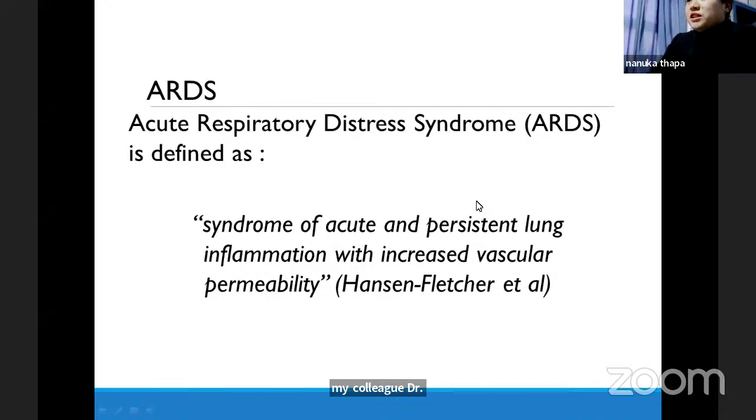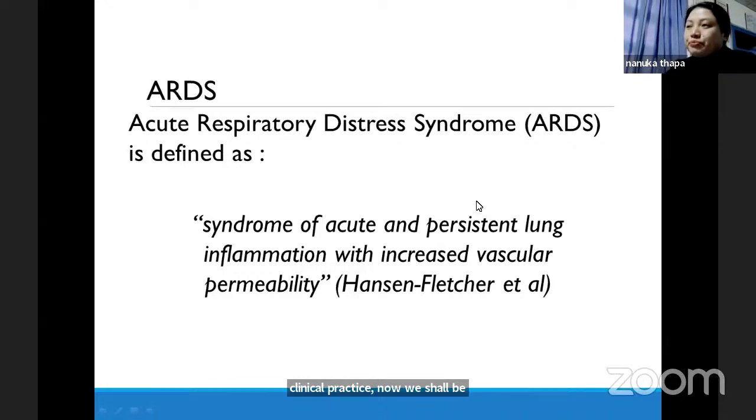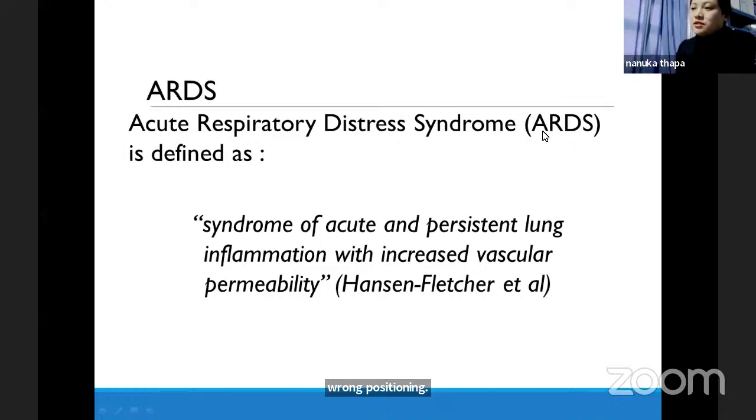Good afternoon, everyone. So having learned about the different positionings that we use in the day-to-day clinical practice, now we shall be going into detail regarding prone positioning and its significance in ARDS, or acute respiratory distress syndrome.